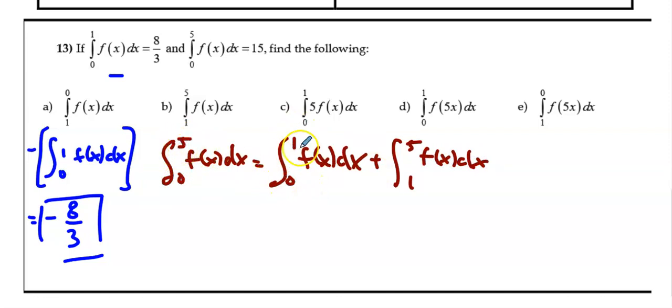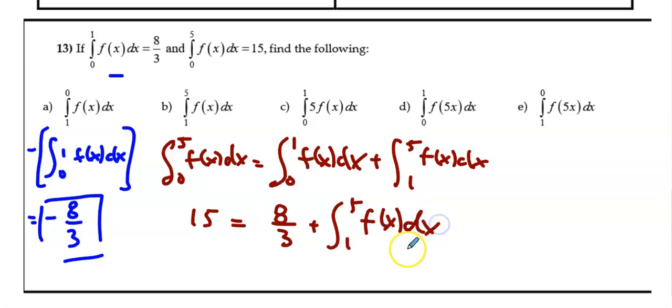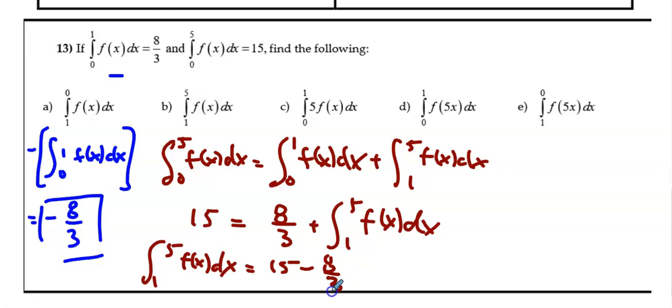Well, we start at 0 and we walk to 1 and we stop, and then we continue from 1 to 5, and then we eventually got from 0 to 5. So all we have to do is plug in. We know that this is equal to 15. We know that 0 to 1 is going to be equal to 8 over 3. And then we just got to figure out what the integral from 1 to 5 of f of x dx is. So this answer is simply going to be 15 minus 8 over 3.